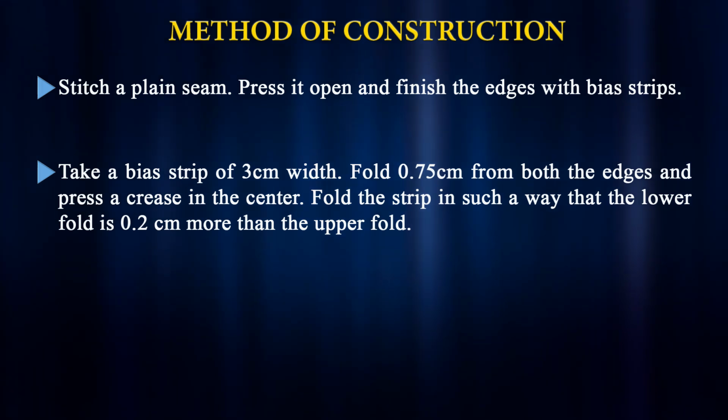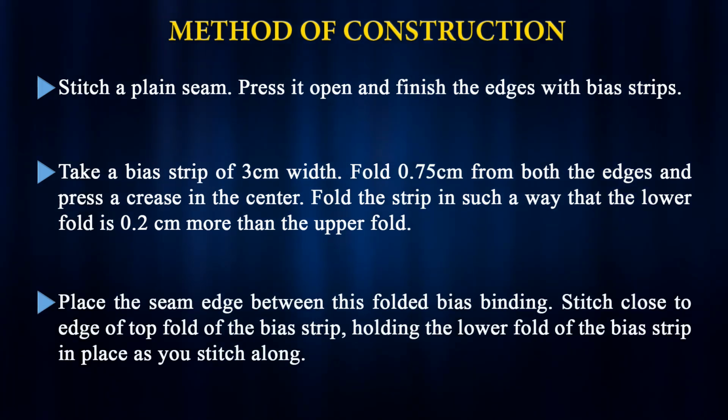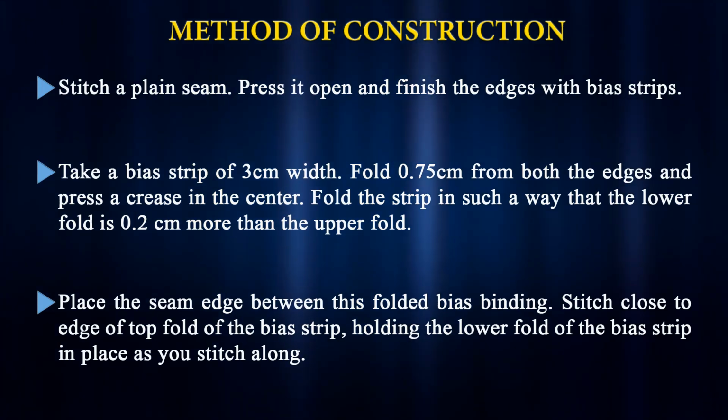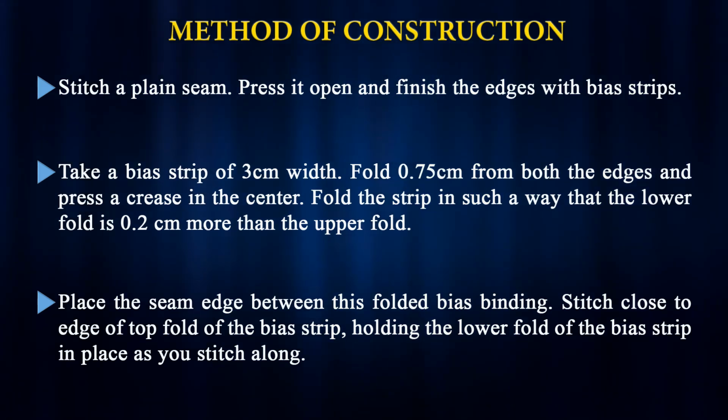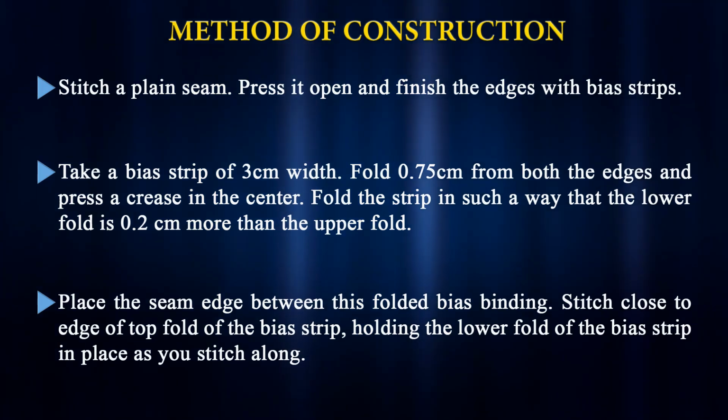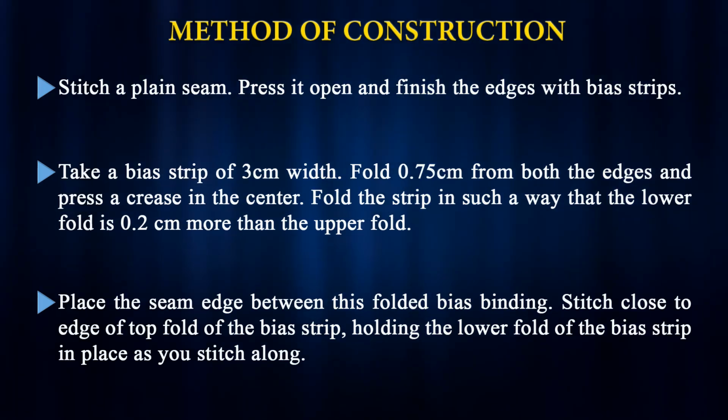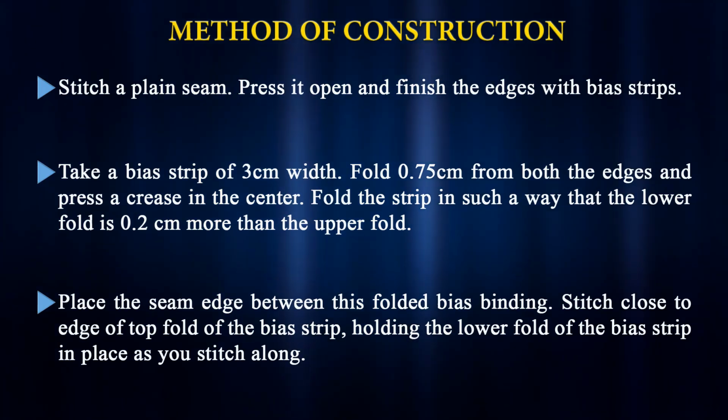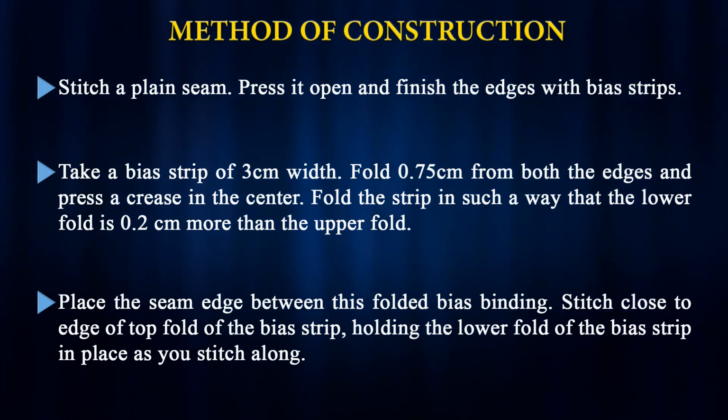Then we place the seam edges between the folded bias binding. Like if we have a flat bias strip, we fold 2 edges inside facing each other, place the seam edge between the folded bias binding and stitch close to the edge on the top fold of the bias strip, holding the lower fold of the bias strip in place as you stitch along.